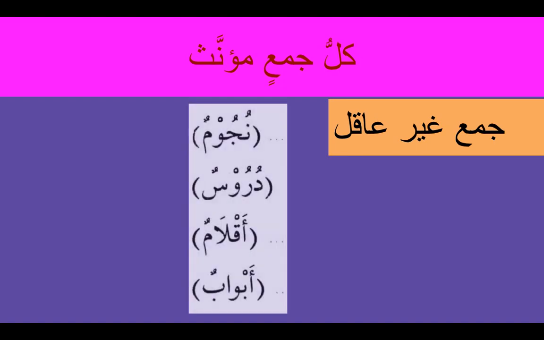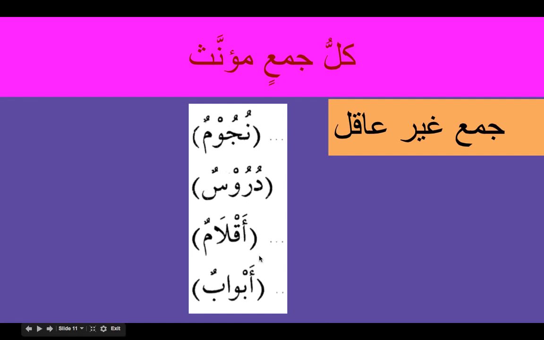Very few use sound forms, but most of the jam' ghayr aqil are jam' taksir. For example, nujumun, durusun, aqlamun, abwabun. These are the plurals for najm, stars; durus, plural of dars, lesson; aqlam, plural of qalam, pen; abwab, plural of bab, door.